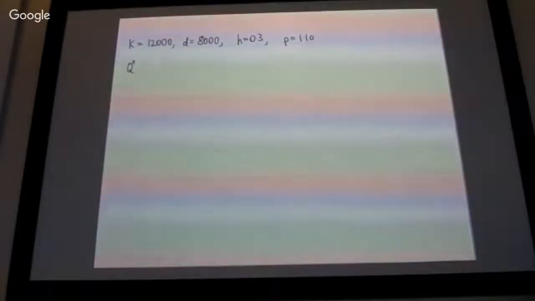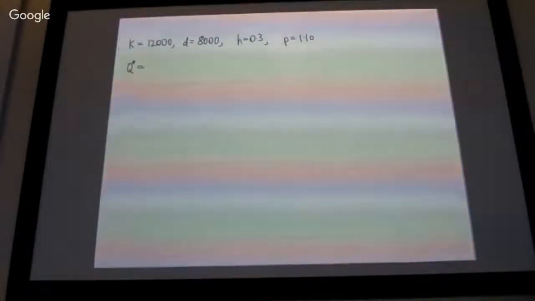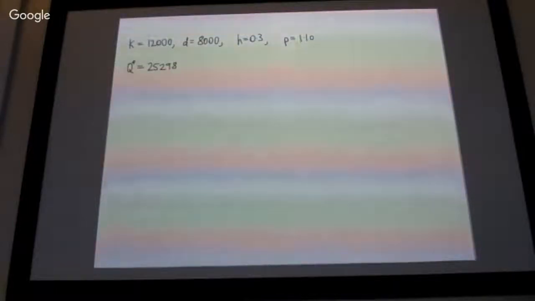So the optimal Q. We know that the optimal Q was 25,298 speakers without shortages allowed. Did you notice this in the formula?